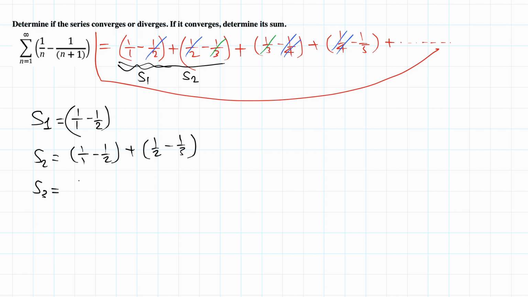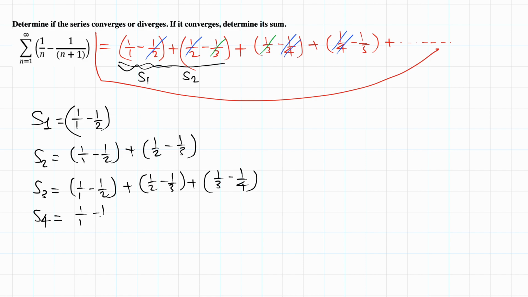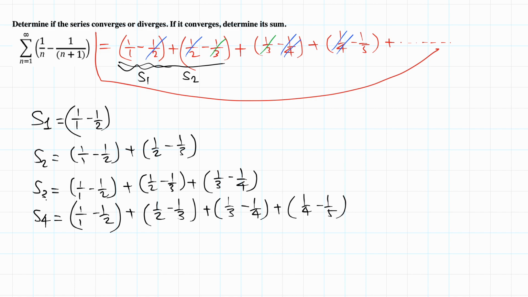I'm just trying to find a format. 1 over 1 minus 1 over 2, 1 over 2 minus 1 over 3, plus 1 over 3 minus 1 over 4. That's the sum of the first three terms. S4 would then be 1 over 1 minus 1 over 2, and so on, plus 1 over 4 minus 1 over 5. We don't really need to write down all of them.